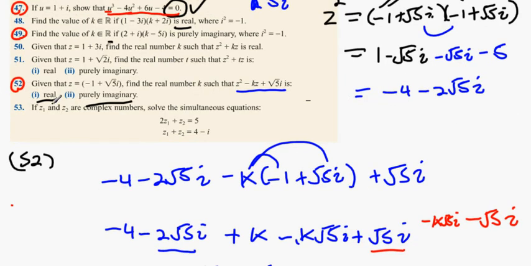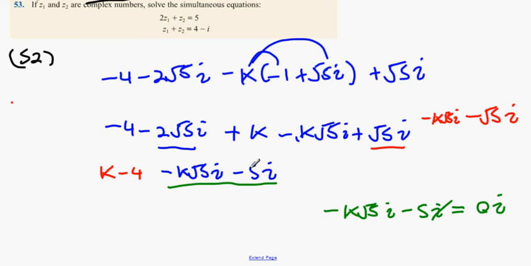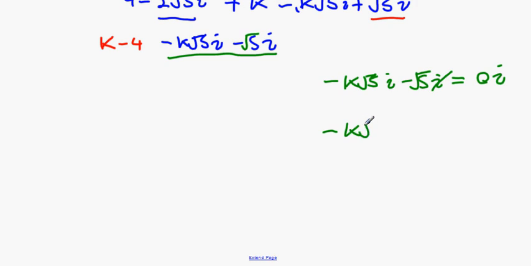Now, in the first part it says the number is real. If the number is real, the imaginary part equals 0. So the imaginary part equals 0, so minus k root 5 minus root 5 equals 0.